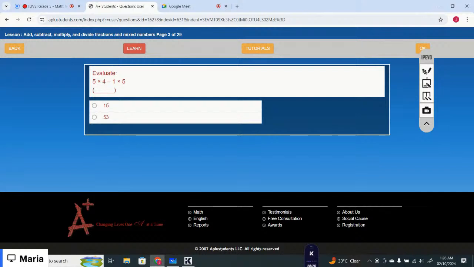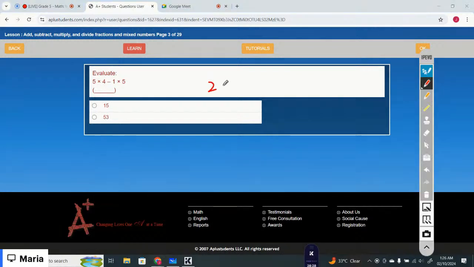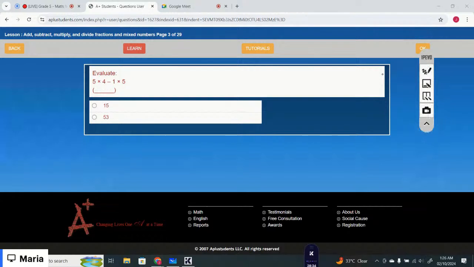Yes, you have to perform multiplication. 4 times 5 is 20, minus 5 times 1 is 5, so 15. The correct option is option number 1, that is 15. Very good.